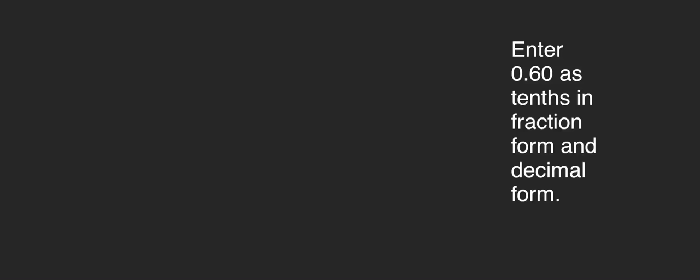Okay, enter 0.60 as tenths. Now they want you to do it the opposite way, right? Enter 0.60 as tenths in fraction form and decimal form. Ahora lo hay que hacerlo al revés. So it's basically taking out a zero. So 0.60 as a fraction is 60 out of 100.